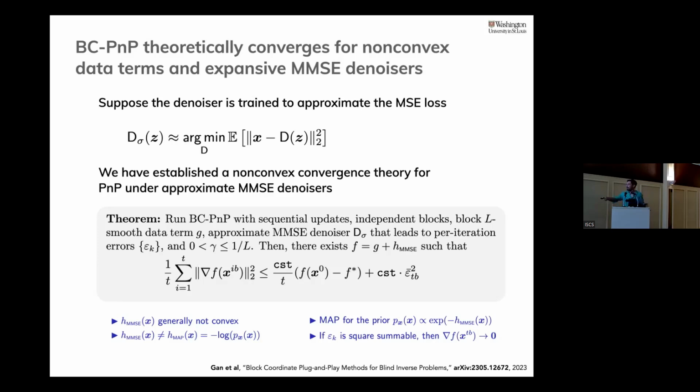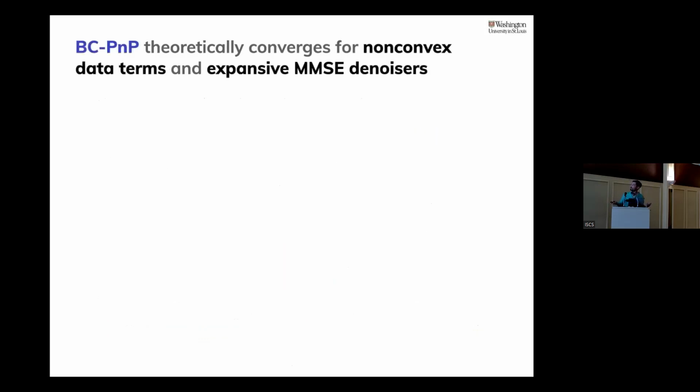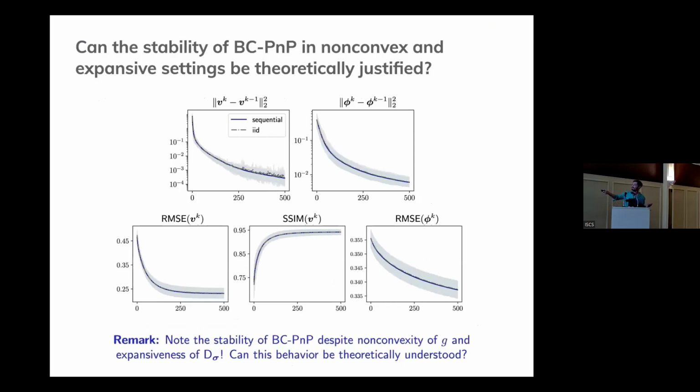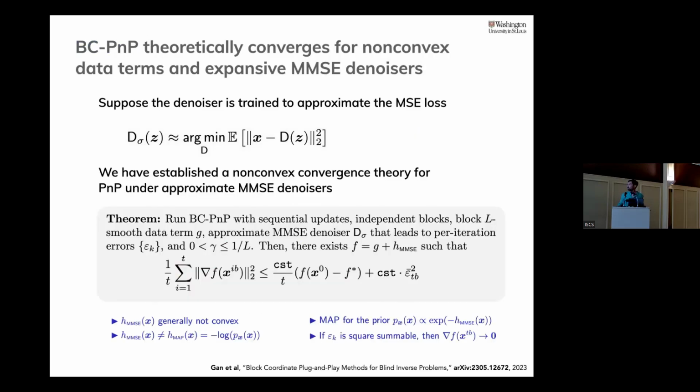So there is an error, but it will be perfectly characterized by the gap you're making in this approximation here. If you have infinitely much data in your MMSE estimator, there will be no error. In practice, there will be some error. But if you backtrack and look at this, this is essentially the behavior you're seeing. You're going to converge nicely up to that error term, after which you will not.